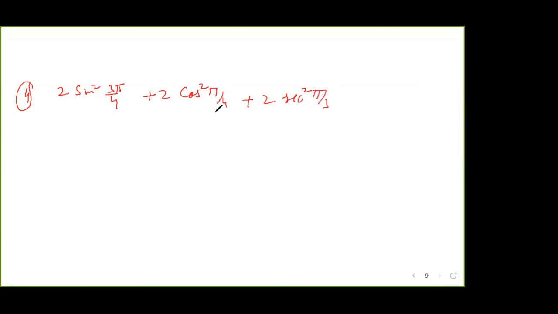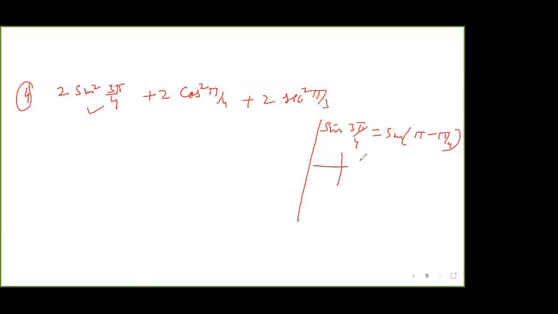Now I will just give you a hint how to make the conversion of sine 3 pi by 4. How to write this? Sine of pi minus pi by 4.